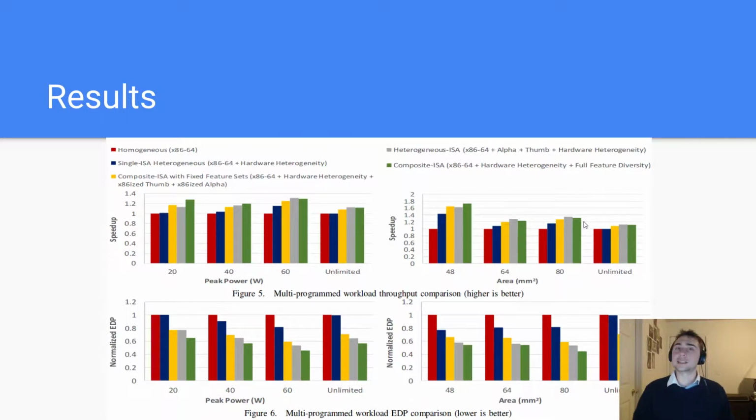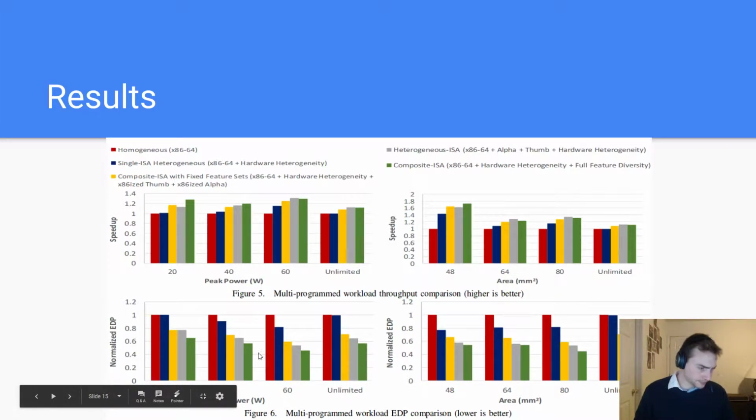What makes this so much more attractive is that you don't have all the complications of having to implement Alpha and x86 and Thumb on a single processor, the legal and licensing problems, as well as the difficulties of migration.